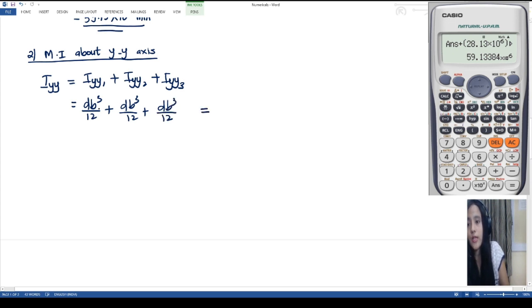So how much is my dB cube by 12 for the first top flange?